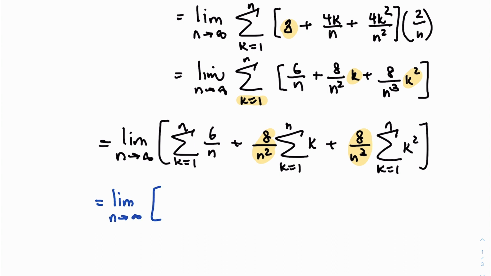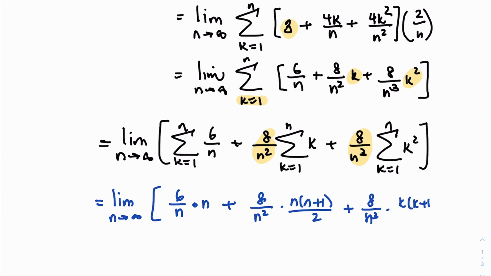Now, the summation of 6 over n is the summation of a constant, so that means that that's equal to 6 over n times n terms, plus 8 over n squared, the summation of k starting from 1 and going to n is n times n plus 1 over 2, and the summation of k squared is n times n plus 1 times 2n plus 1, all over 6. So now we should be able to take the limit as n approaches infinity of that.